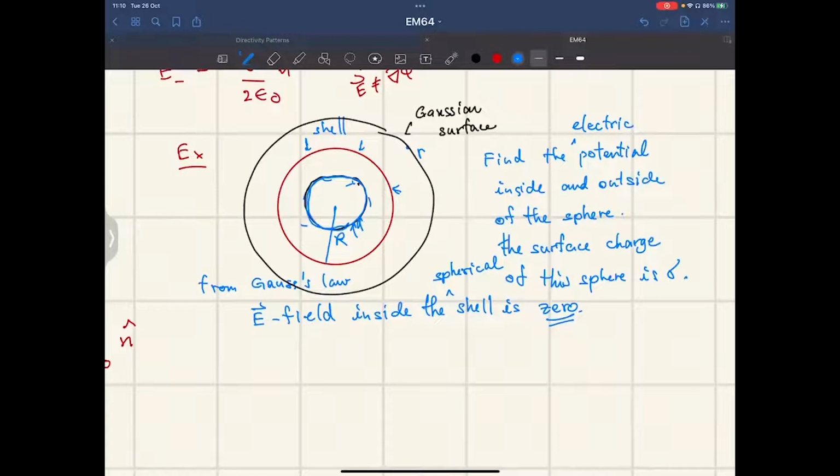How about the potential? Is it 0 inside the sphere? Look here, E equals minus the gradient of phi. To get E equal to 0, what is the value of the electric potential? Is it 0 also? Is it necessary to be 0?